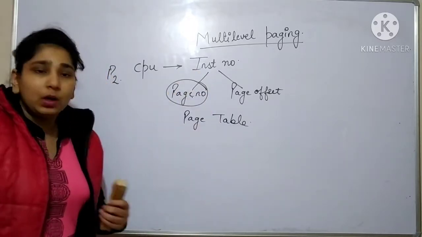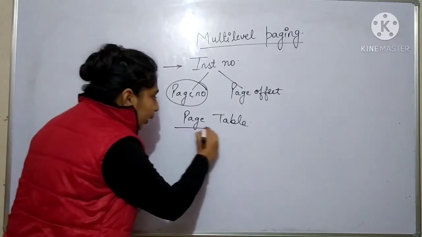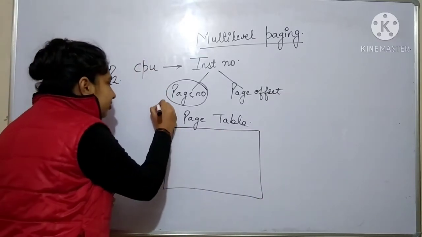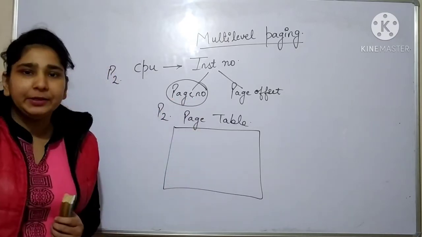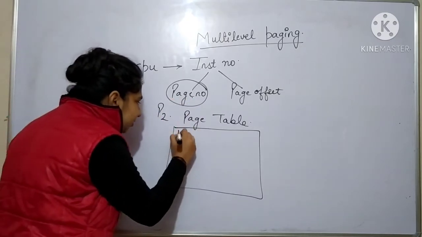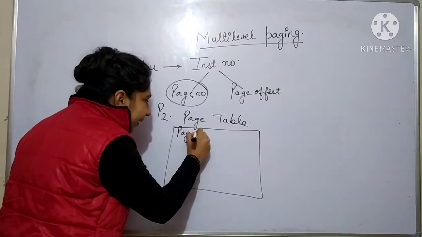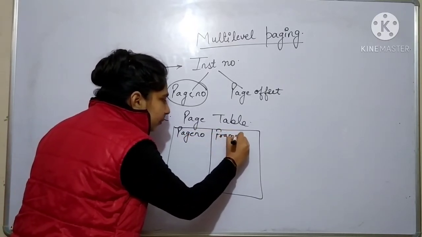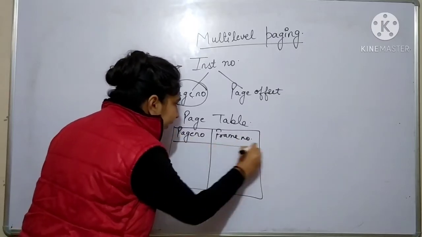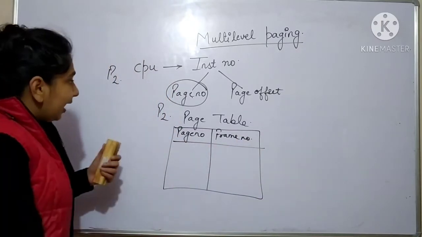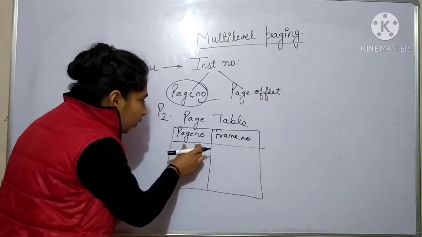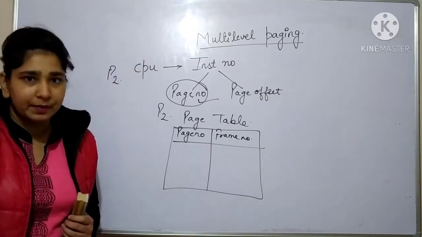I have made a page table for process P2. In this page table, I have stored the page number and the corresponding frame number, so I can determine the frame number corresponding to the page number.